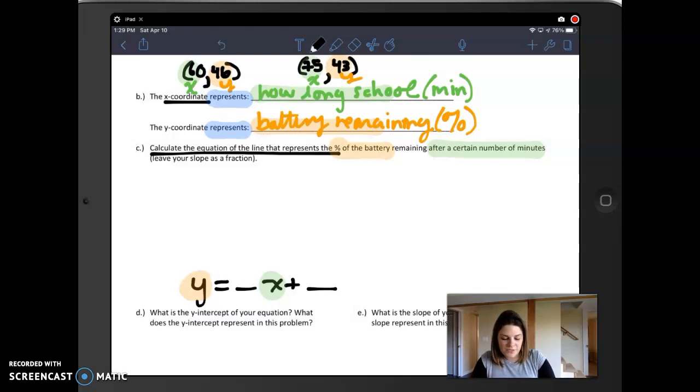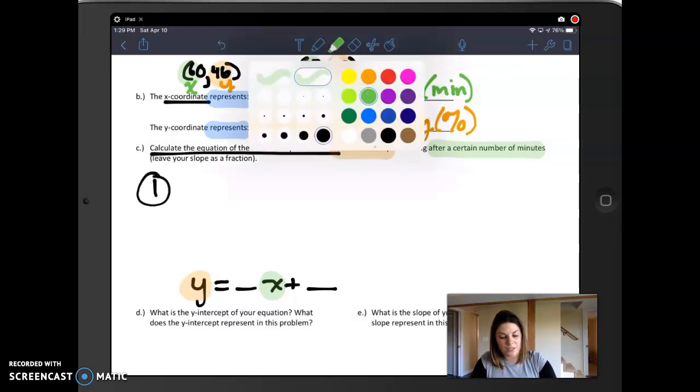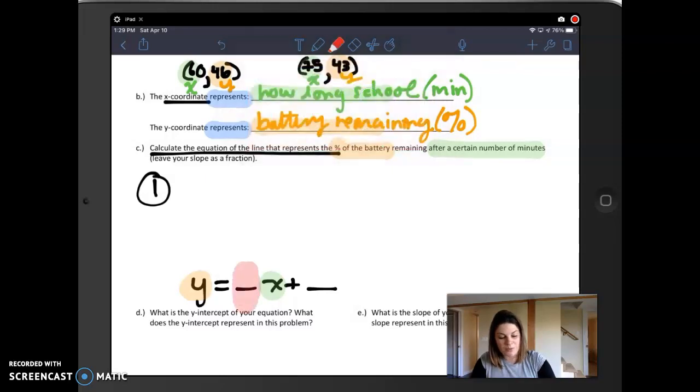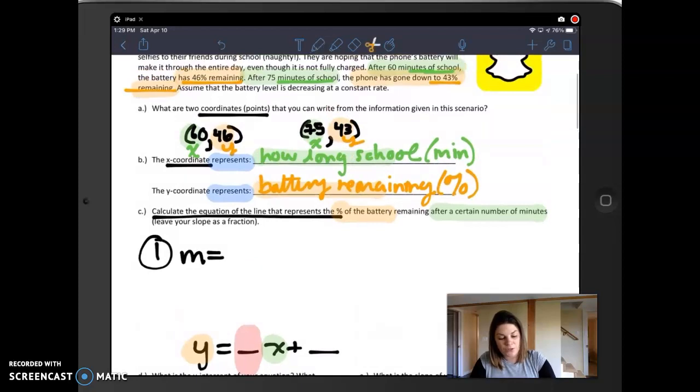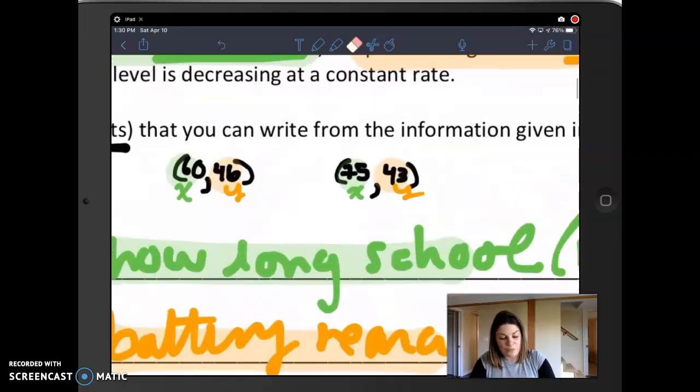All right, so the first step that we need to do in order to solve this is to find the slope, right? Remember, slope, we use the letter M, and we are going to use the slope formula here to find that slope.